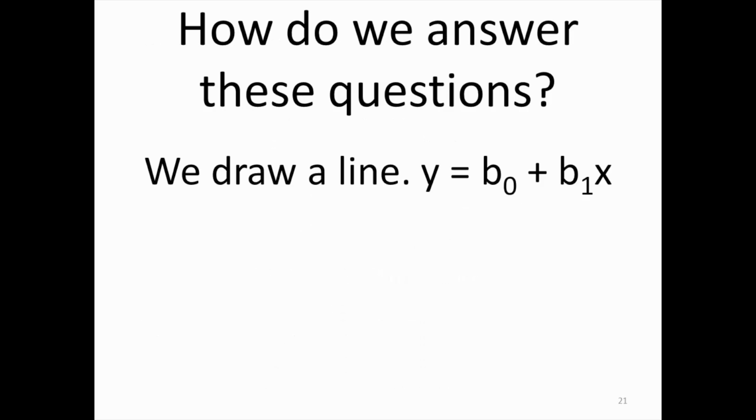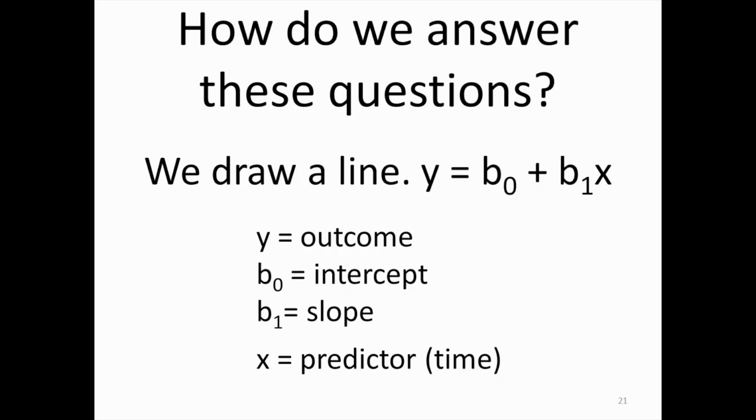And the way we answer these questions is using a basic regression line where our intercept represents the average for the sample at time 1, and our slope associated with time represents how much change occurs in the sample for a 1 unit change in time.